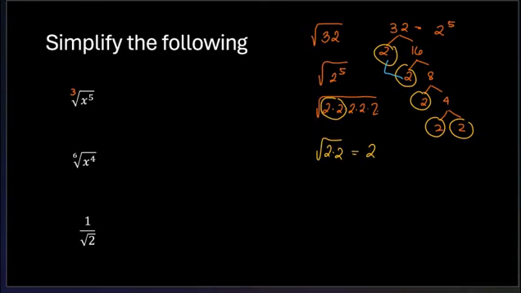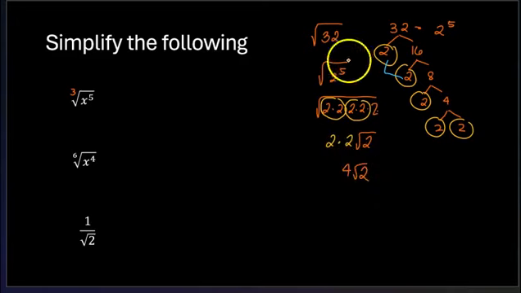If I have another pair of 2, I can also simplify that as 2. So that's 2 times 2. But I still have a 2 here without a pair, so I can no longer bring it outside of the radical sign. I cannot simplify that. So the answer here would be 2 times 2, 4 square root of 2. So that's how you simplify that. But we don't have to worry much about this because your calculator will be able to simplify this for you.